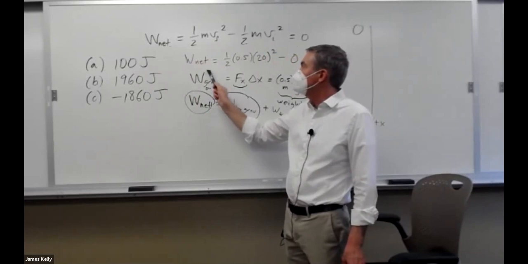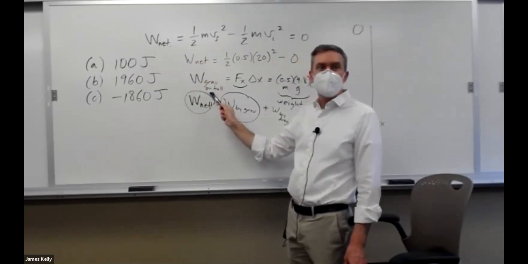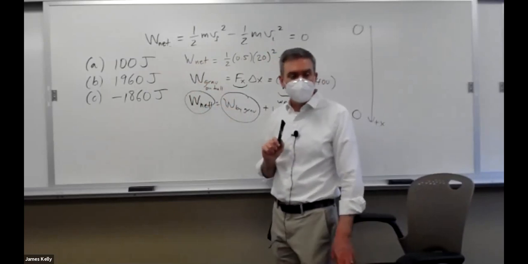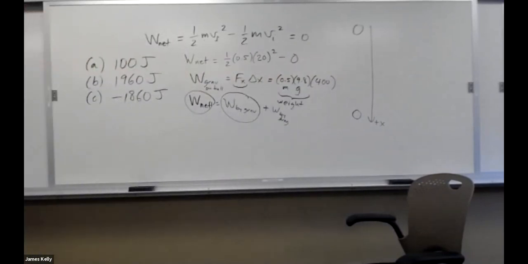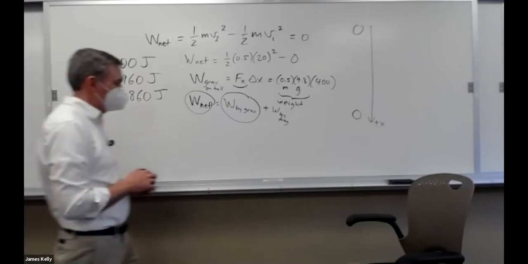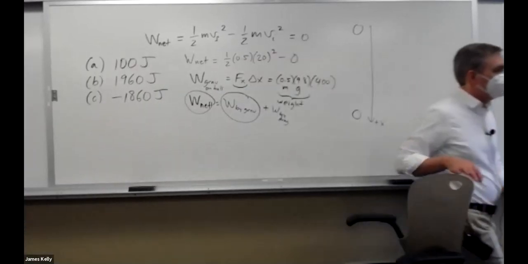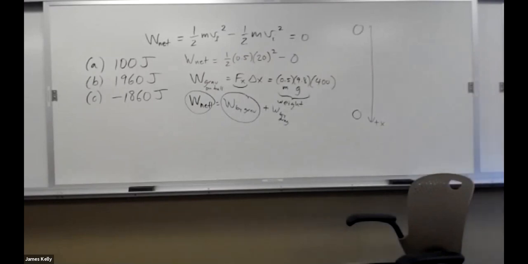And here we just want the work done by one force. There's also a drag force that we don't care about in B. And so why we would go to that equation at the top, I'm not sure. But we can think about it more after the fact to see how you got the same number. That's interesting.